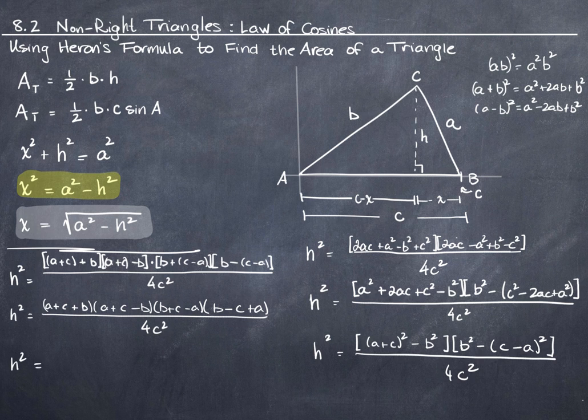Now I'm going to do just a little bit more reordering. I'm going to write this as a plus b plus c times a plus c minus b times b plus c minus a times a plus b minus c.